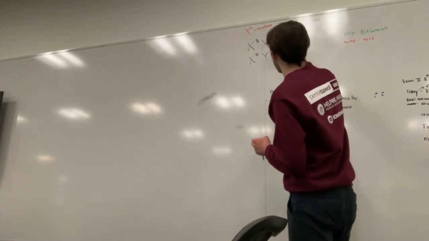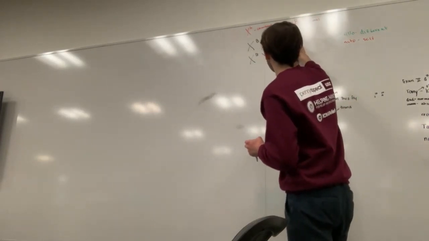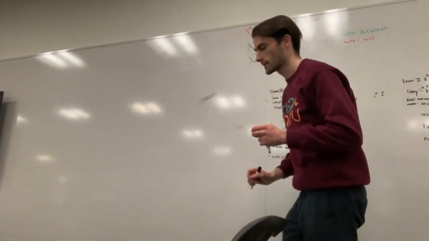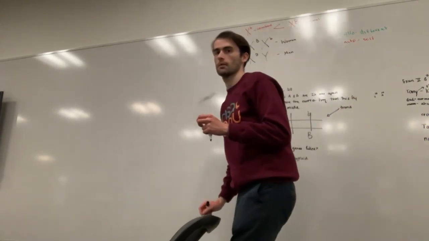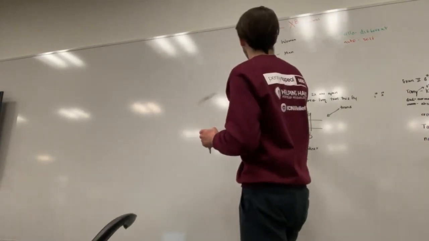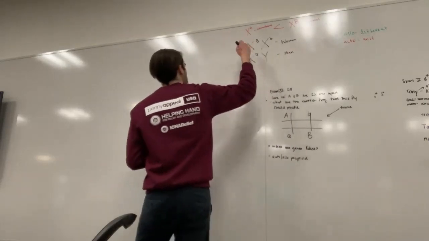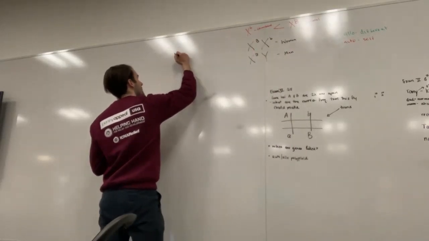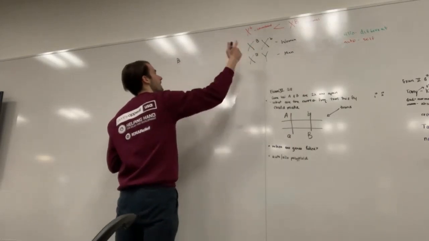So if these two were to cross, what are the possible results? Simple. The mother can either give her big B or her little b.